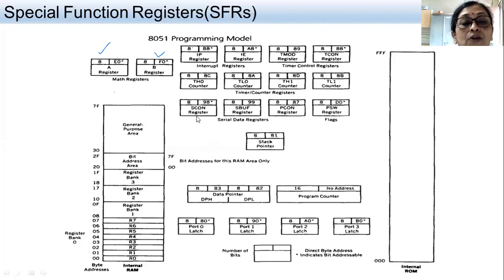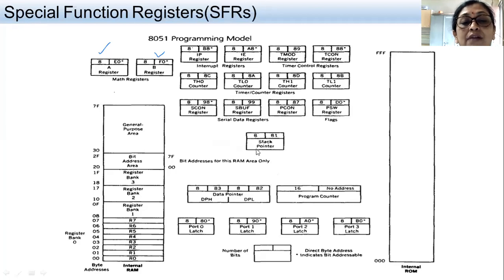SCON means serial control, SBUF is the serial buffer register, and PCON means power control register. These are related to serial communication or the serial port of the 8051. And the 4th register, as I have told you, is PSW, the processor status word. It shows the status of the processor.